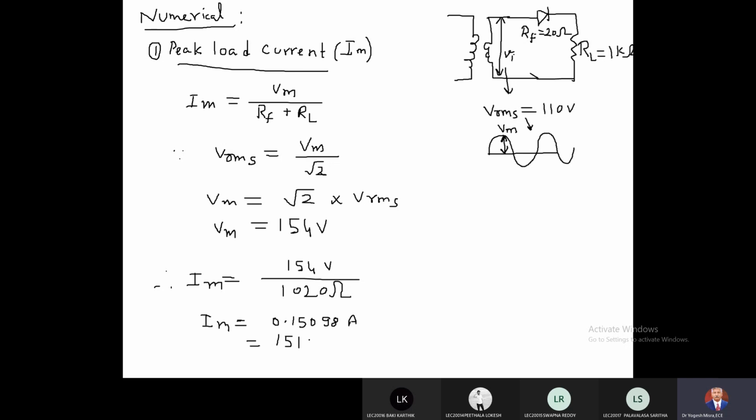I can write it in round figure, 151 milliampere, right? So this is the value of IM, peak current.